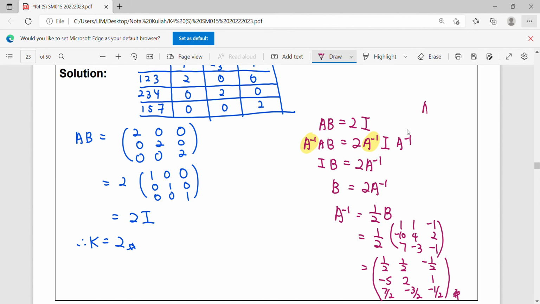Multiplication A times B is not the same as B times A. So we cannot simply put A inverse in any position. Make sure when we want to multiply by A inverse, we let A inverse become the first matrix. So from here, this is the first matrix. 2 is not a matrix, 2 is a number. I is the identity matrix, which is this, and we represent it with I.